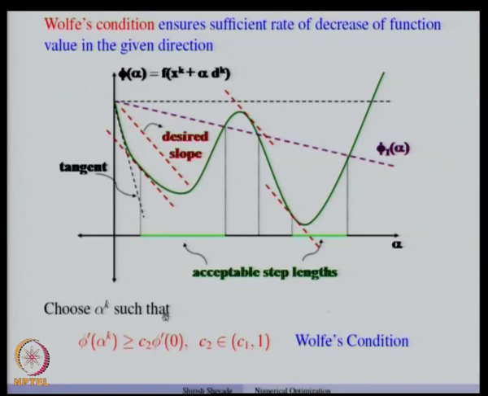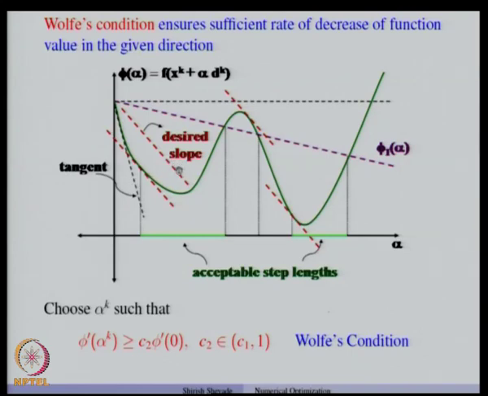So, once we have the initial slope, what we are interested in is finding all those alphas where the gradient of the function phi at those alphas is at least c 2 times the gradient of the function at 0. So, if we multiply the initial gradient by c 2, we get the desired slope.